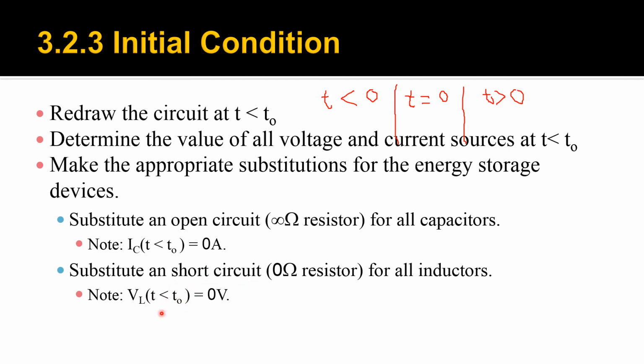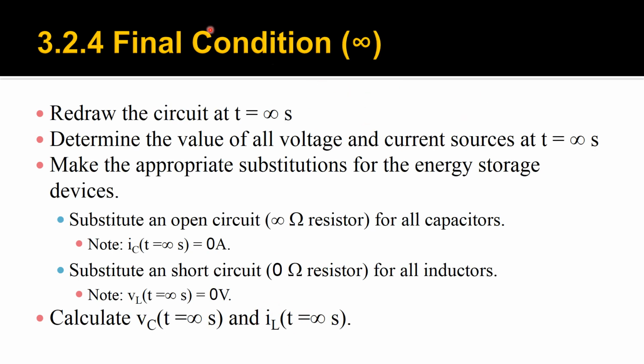And for the inductor, you substitute it with a short circuit, which gives voltage equals 0, but there should be a current. And then you need to calculate VC and IL for t less than t0. Next, you need to find the final condition.